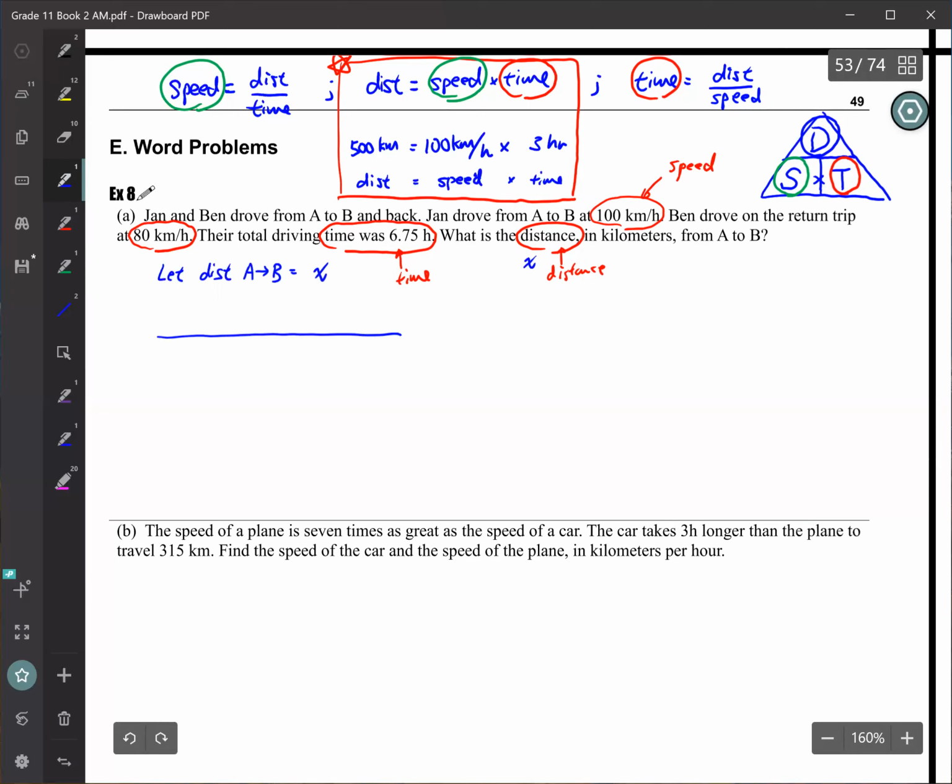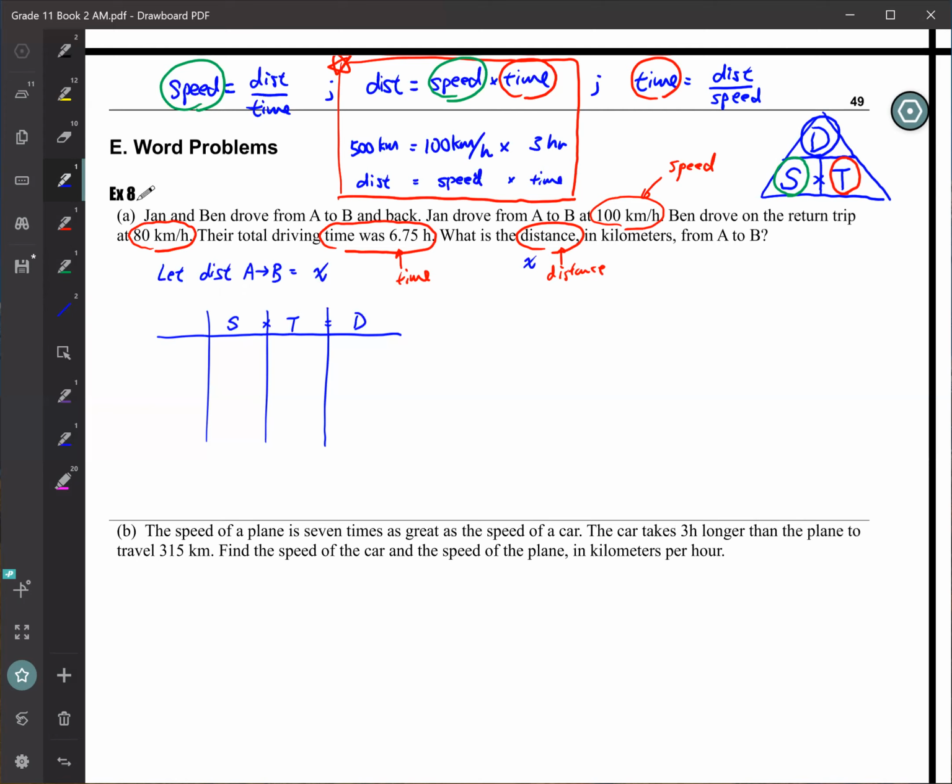So the chart will look like 4 columns, okay? In the very top row, you just write down speed times time equals distance. You can also call this the STD, right?